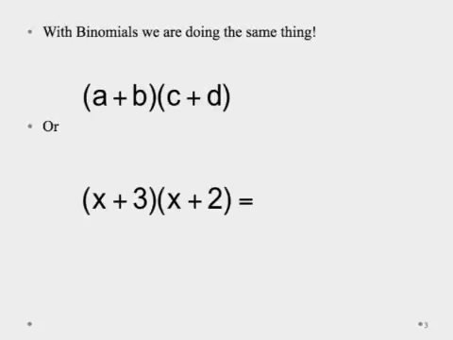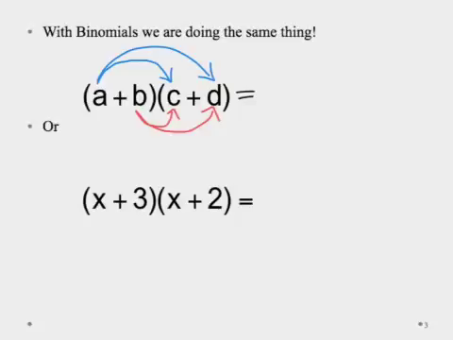Moving on to looking at binomials, we are doing exactly the same thing, but in this case we multiply like this. We take our A and multiply it across the C and across the D. Then we take our B and multiply the B across the C and the D. What does that look like?